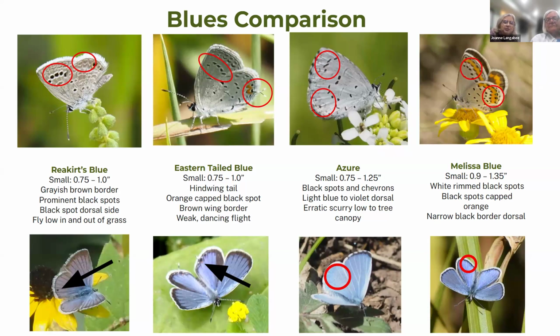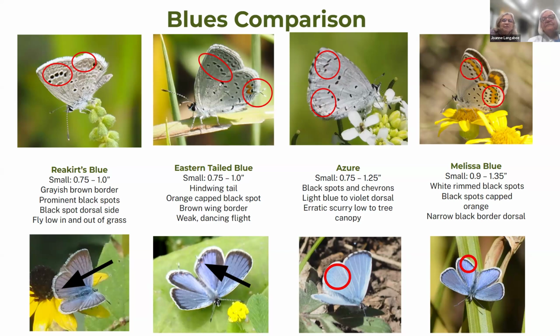Now, after the azure, well, actually, the eastern tailed blue shows up pretty quick. You might see the eastern tailed blue before you see an azure, but usually the azures are here first. The eastern tailed blue, if you look at the circles, you see that the dots, oh, you know what? I'm doing my finger, nobody can see it.